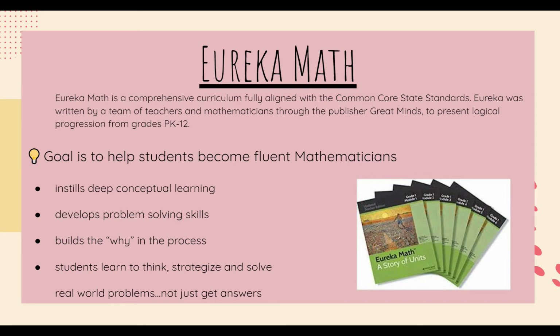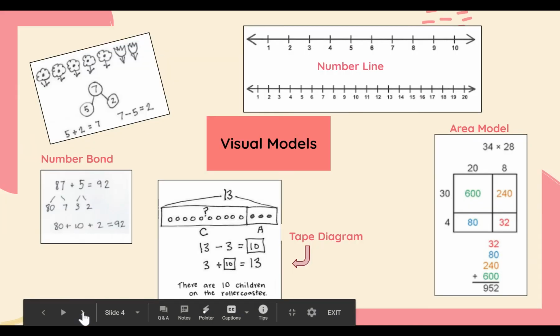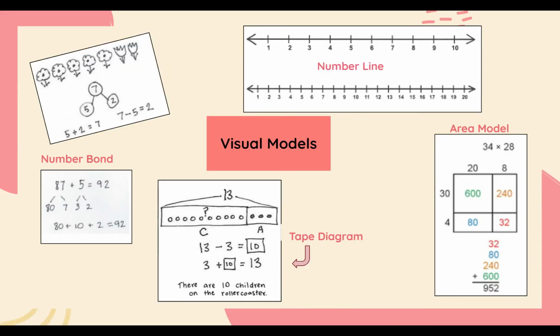So in order to build those fluent mathematicians, Eureka Math uses a lot of visual representations and visual models to help students with their thinking. And these visual models help them understand deeply the context of the word problems. Starting in kindergarten, on the left-hand side, we have number bonds.